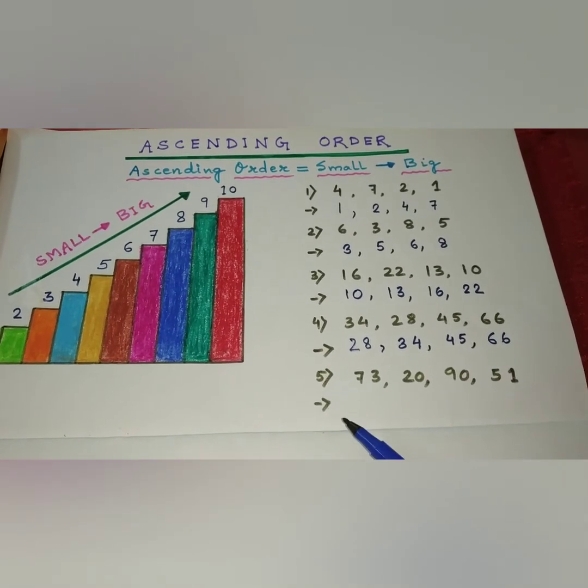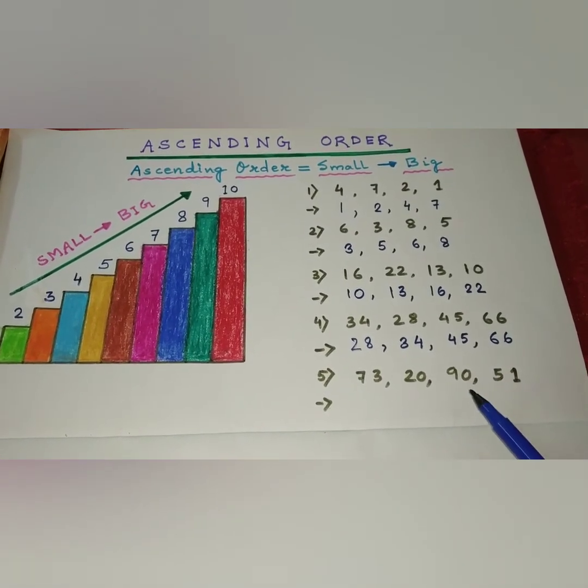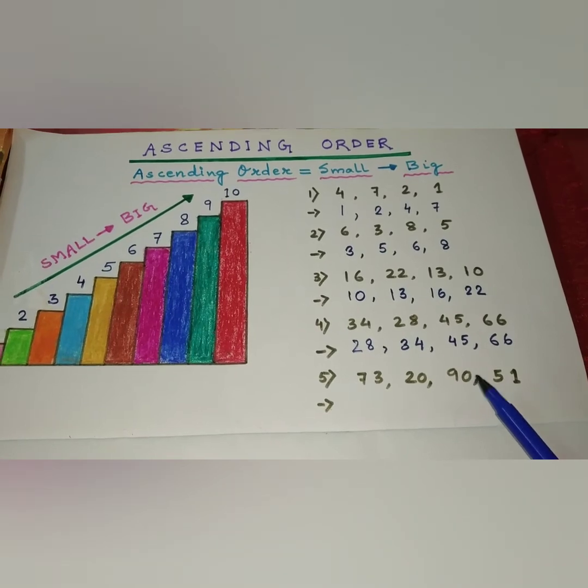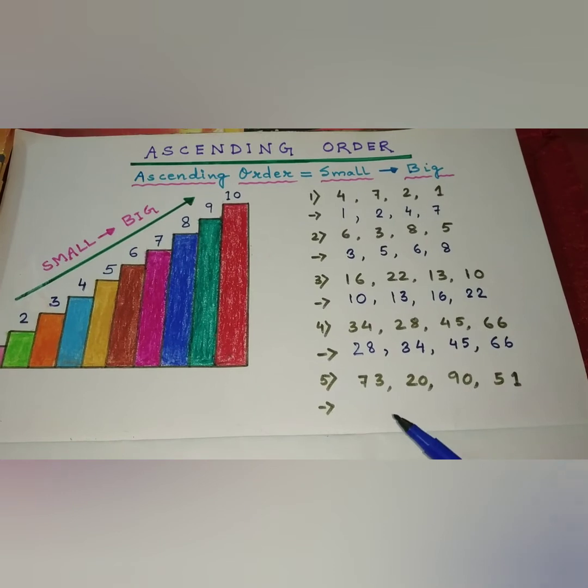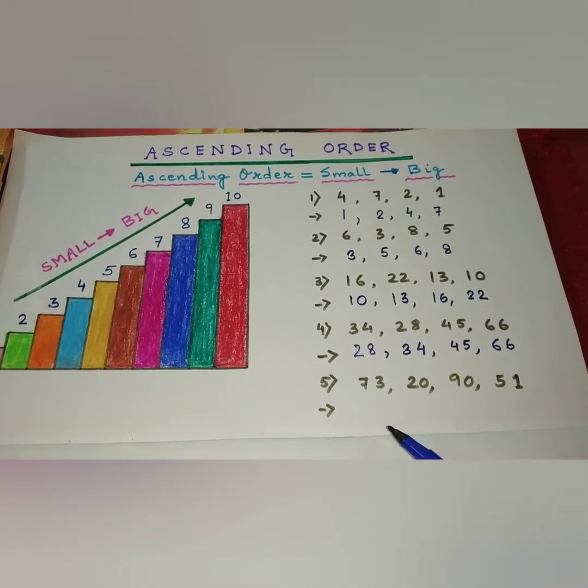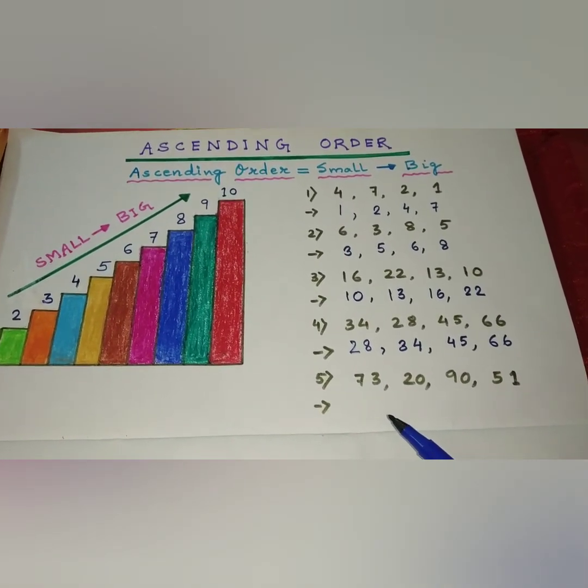Now in example number 5, as in both these numbers the second digit is the same, we will take the first digit and we will not take the second digit. Now see how I am doing.